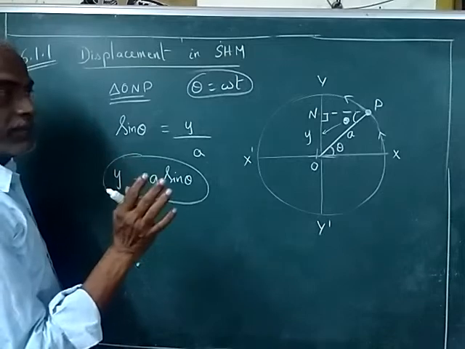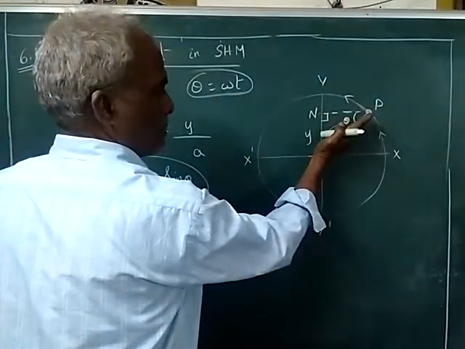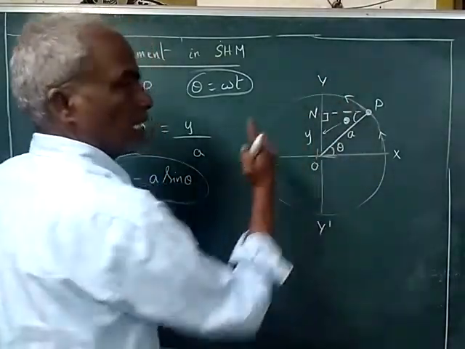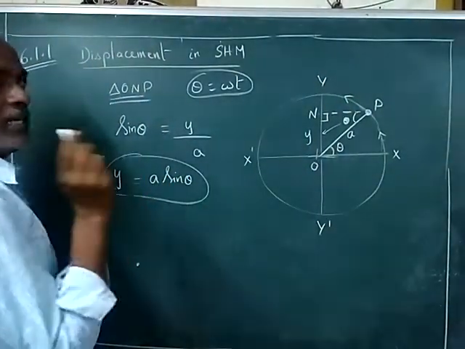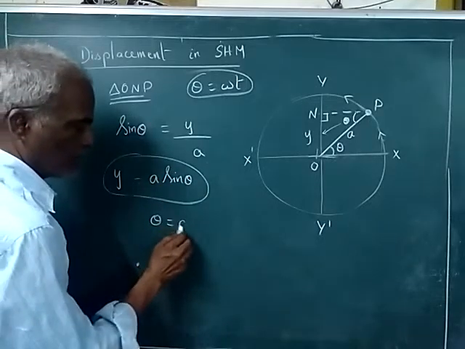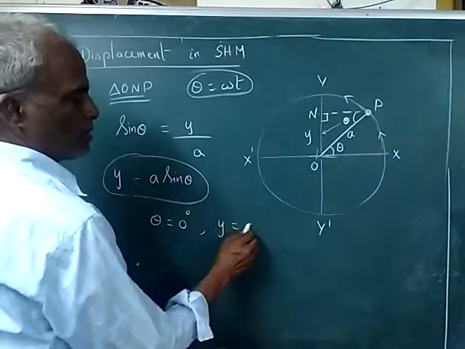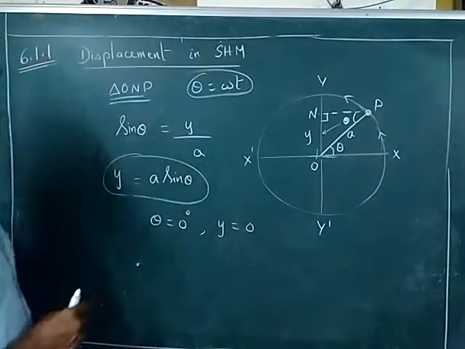That means no displacement. So when will you get maximum displacement? When it reaches 90 degree, sine 90 is 1. So when theta equal to 0 degree, the displacement y equal to 0 because sine 0 is 0.